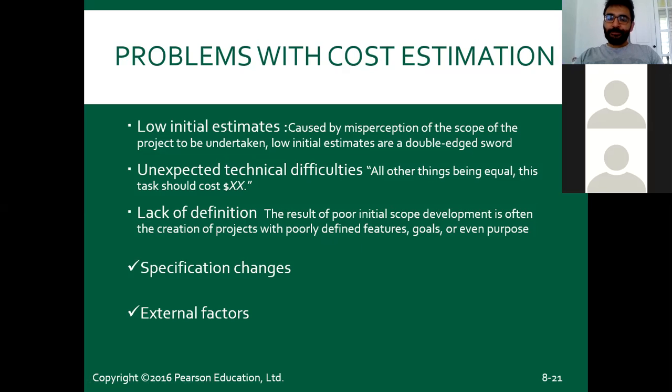It's a problem, right? This is a common thing. And specification changes. Sometimes the requirements of the project change and you need to change your budget accordingly. And there are sometimes external factors like economic problems, a pandemic, a crisis, different things.